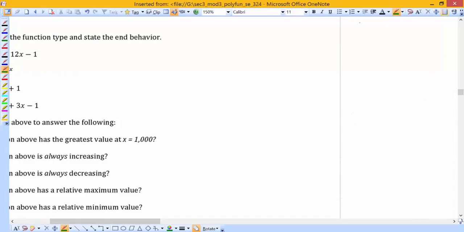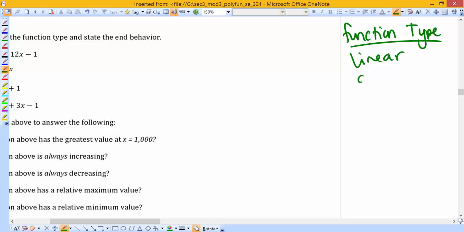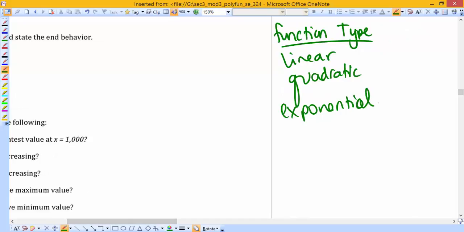The function type is in reference to: is it linear, quadratic, exponential, cubic?